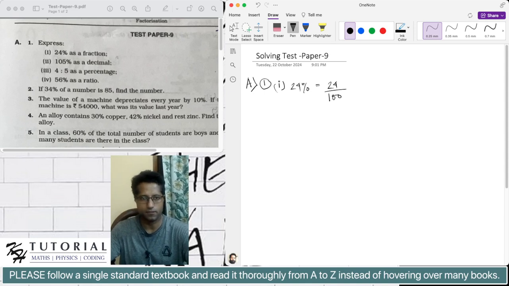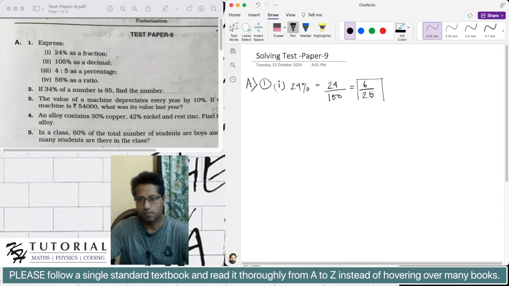Now 24 by 100 is not the correct answer. You have to reduce the fraction to its simplest form, and it becomes 6 by 25. So 6 by 25 is the fraction when the percentage 24% is expressed as a fraction.